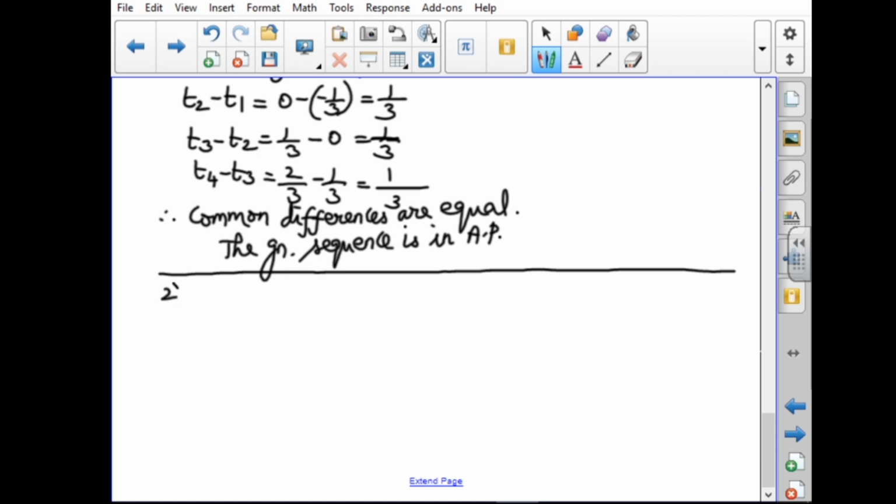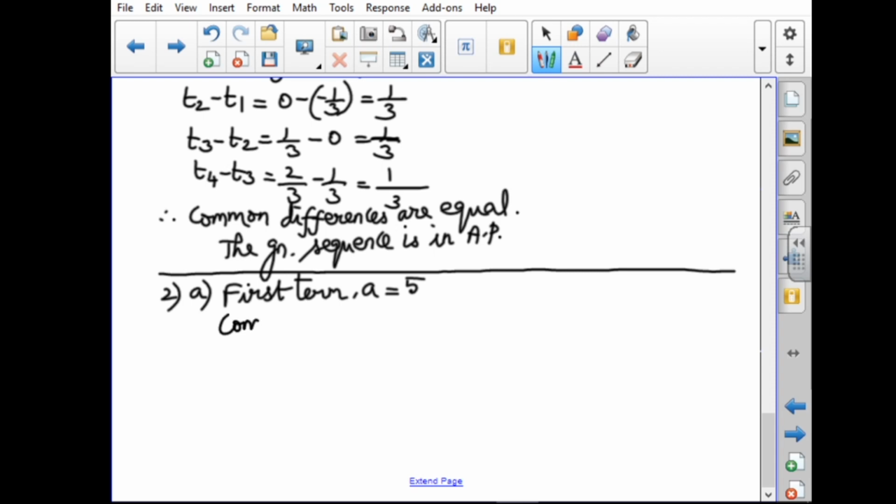Second question. First sum, first subdivision. The first term is denoted by A and the common difference D are given below. Find the corresponding AP. The first term A equal to 5.